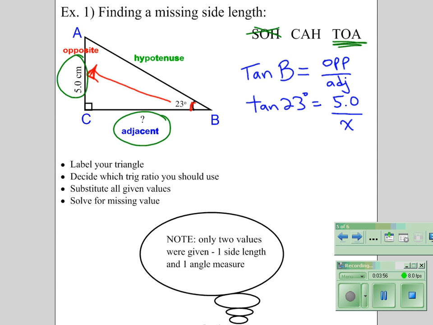We don't know, so we put an X. What I think students should do, it helps them out, is put a 1 underneath on the left side, because tan 23, we practiced it yesterday, it's just a decimal value. It's a long number. So by putting it over 1, we haven't changed it. And now it's easy to see that to solve for X, you can use cross multiplication and division.